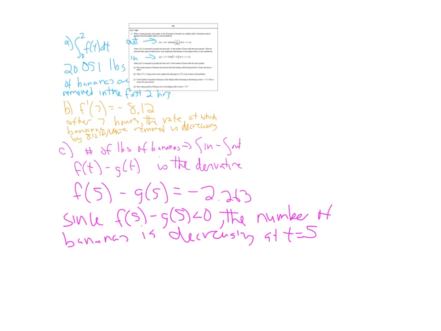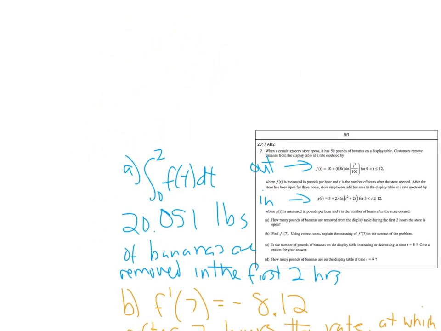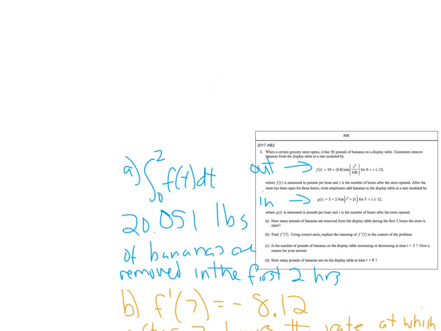And last and certainly not least, how many pounds of bananas are on the display table? I'm going to do this at t equals 8. How many pounds are at the display table? T equals 8. So I started with 50. I then add in how many are taken away.